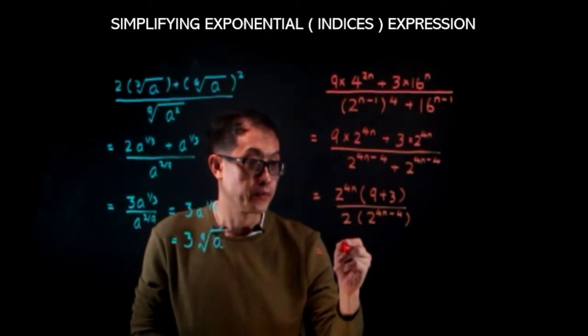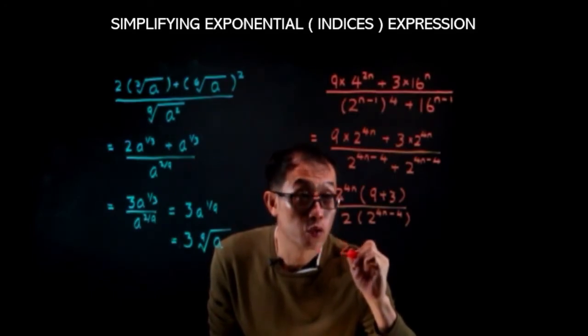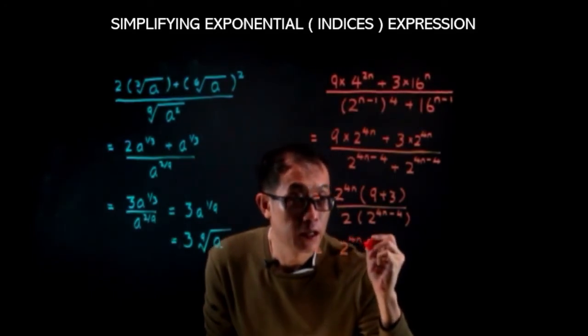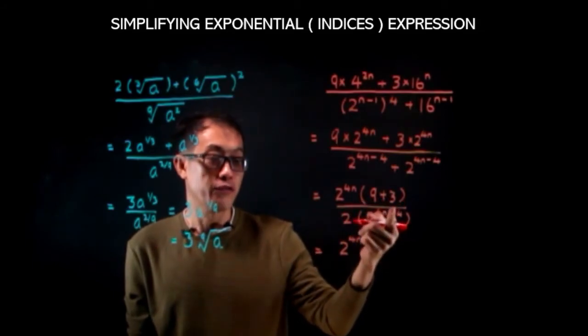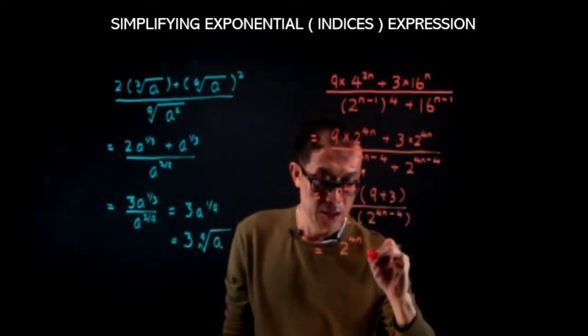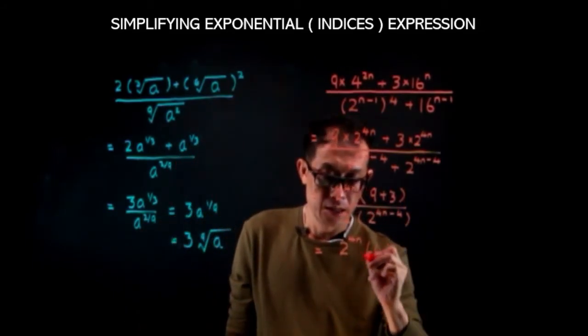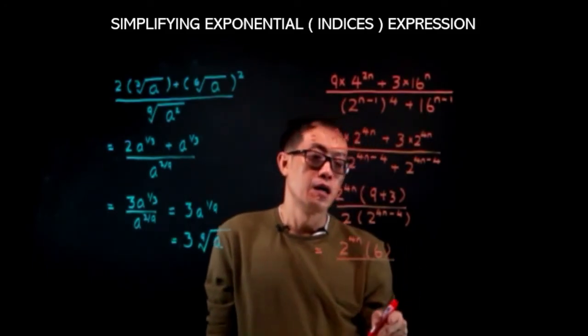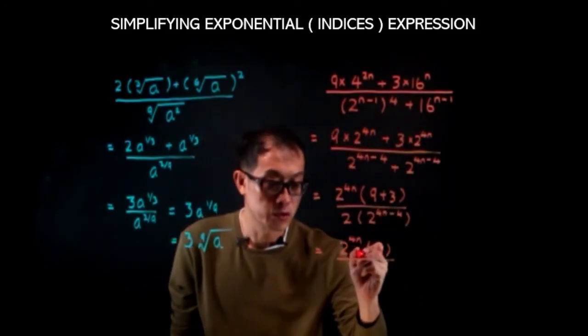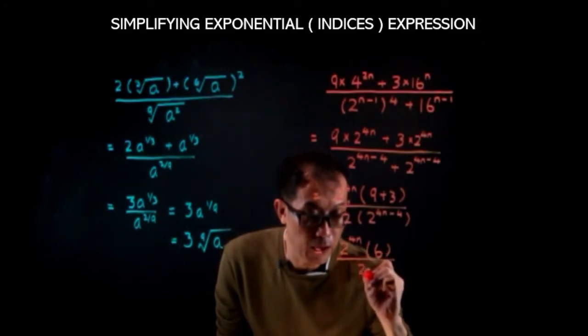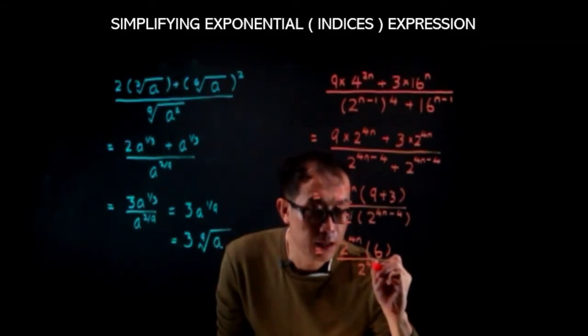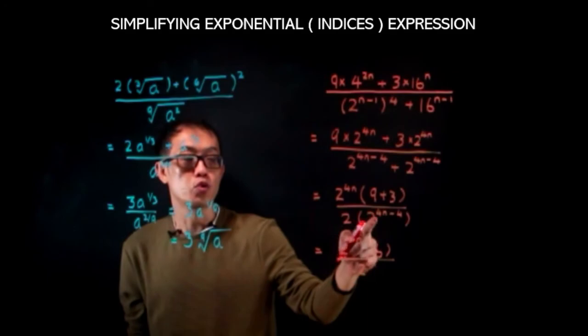So this will be 2 to the power of 4n. Now 9 plus 3 is 12. 12 divided by 2 is 6. So you got 6 here. Now this is 2 to the power of 4n minus 4. So this can be written as 2 to the power of 4n into 2 to the power minus 4.